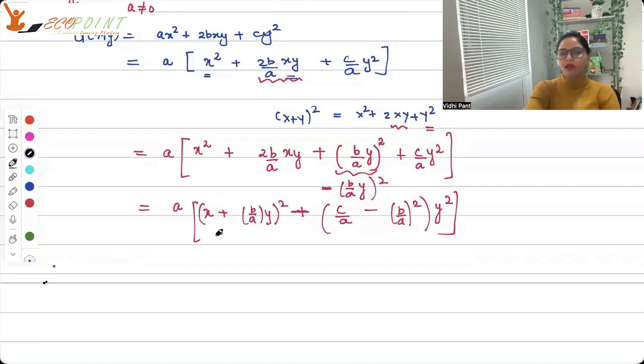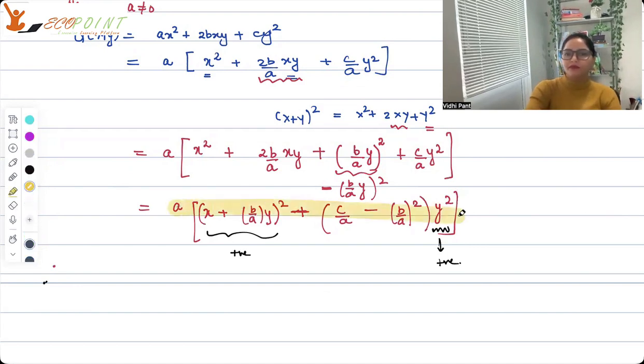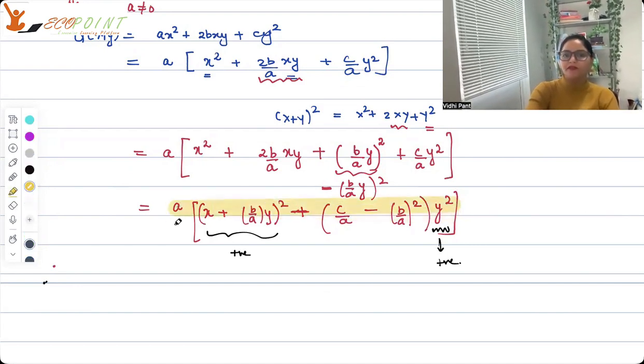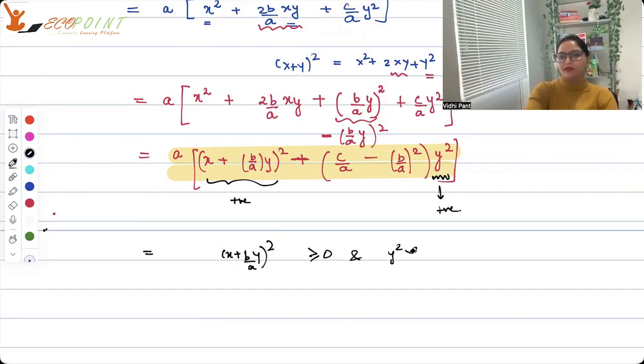Okay. Now, this is a whole square. So it's positive. And this is y square. Y square is positive. Right? So for this entire thing to be positive or negative, but first let's talk about positive. So x plus b upon a y whole square is positive and y square is positive.